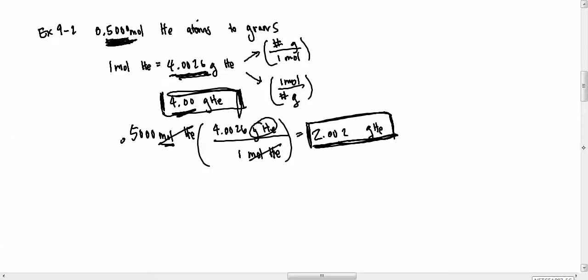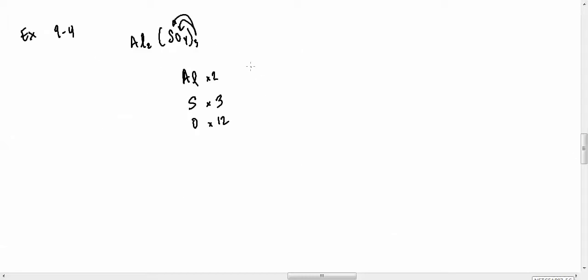All right. So this guy was 26.98 grams for every 1 mole of that, and I have 2 of them, 2 moles, and I have 3 moles of sulfur, and for every 1 sulfur there was 32.07 grams.